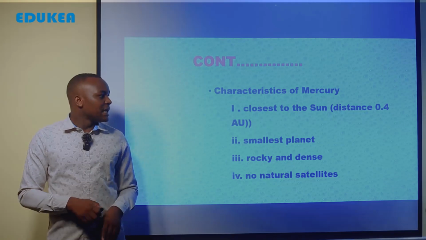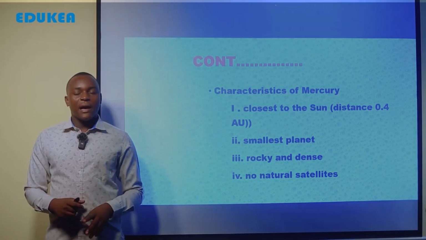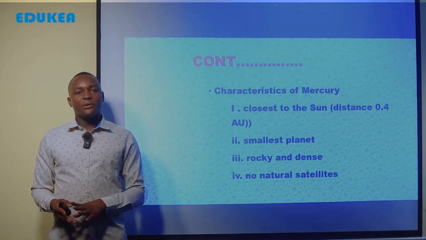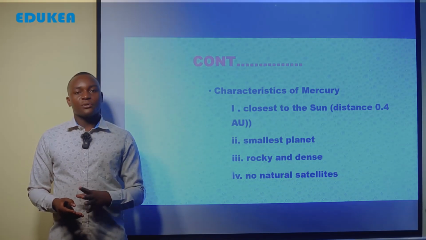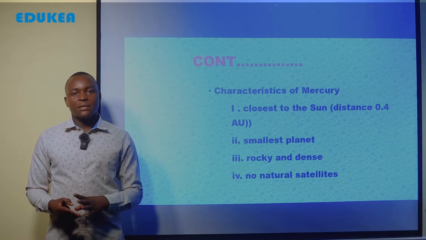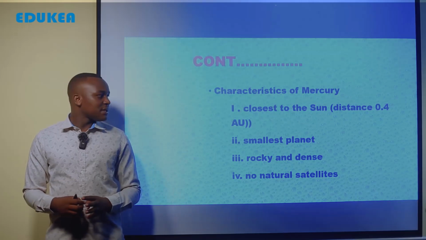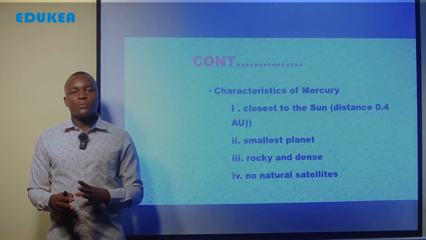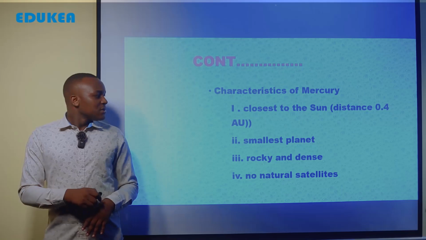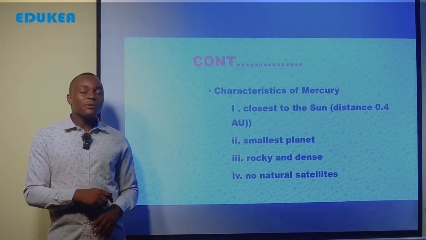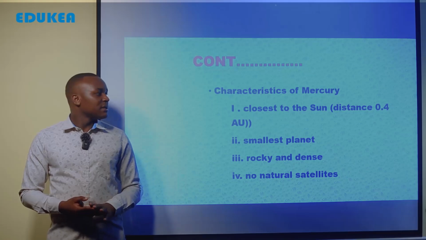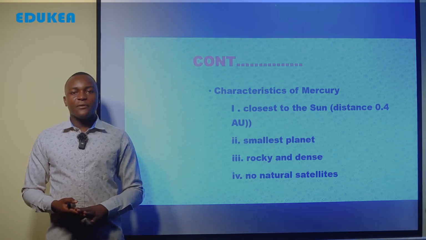The distance from the sun to where Mercury is found is 0.4 astronomical unit. In the last session we said that AU means astronomical unit. So it is the closest planet to the sun, and its distance is 0.4 astronomical unit.